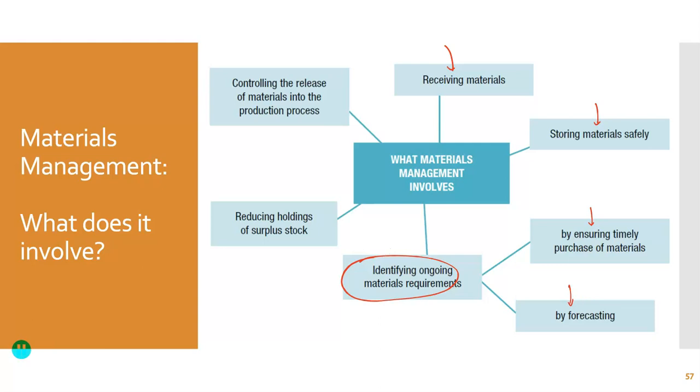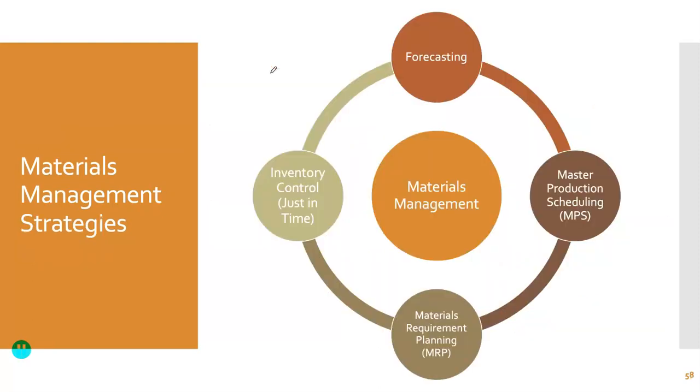They might also be looking at cost savings, so reducing the holdings of surplus stock or inventory and controlling the release in the process. Because not only is it complicated making sure how much we have and managing all of this, remember, operations management can be very complex, even global, and we need to manage that as well. So hence we have a number of strategies. We're going to think about forecasting, master production scheduling, materials requirement planning, and finally something called inventory control or just-in-time management.